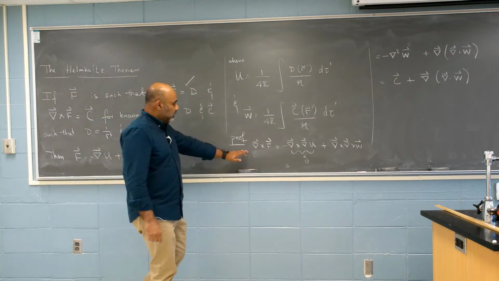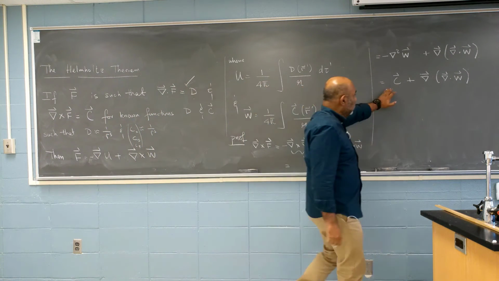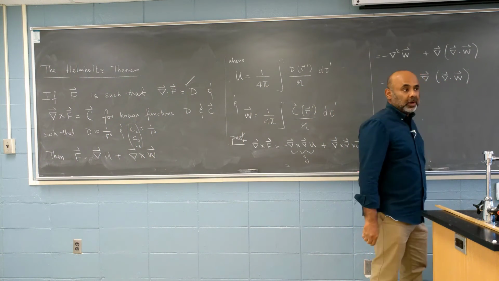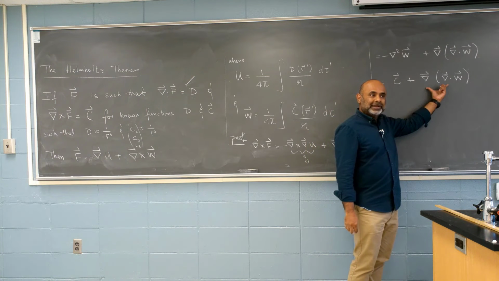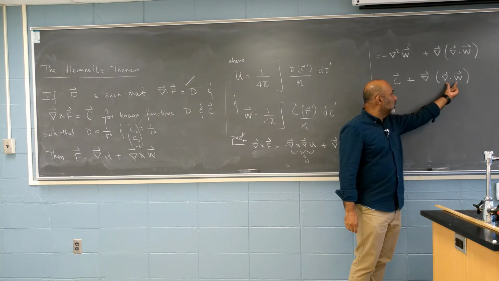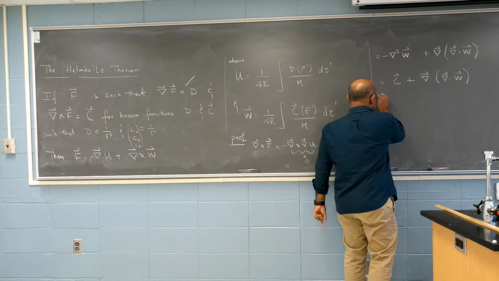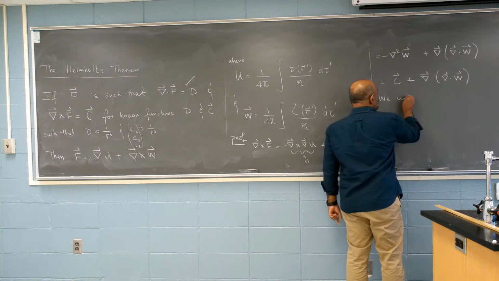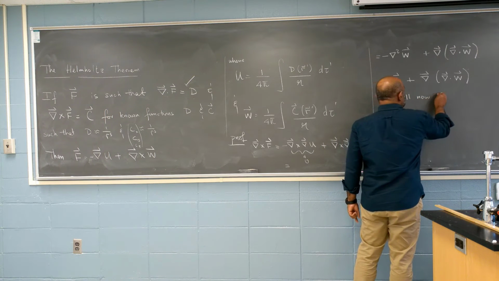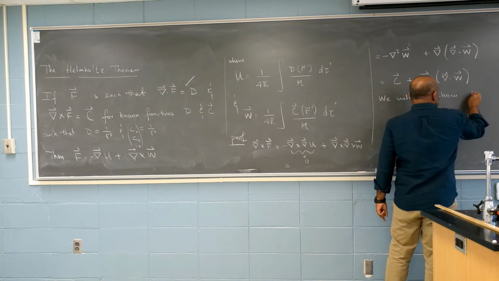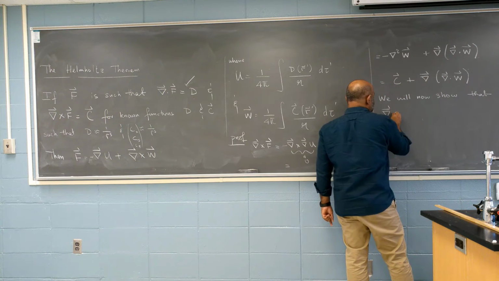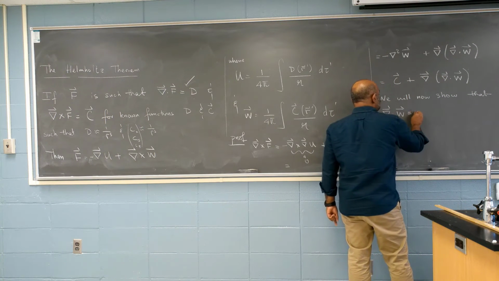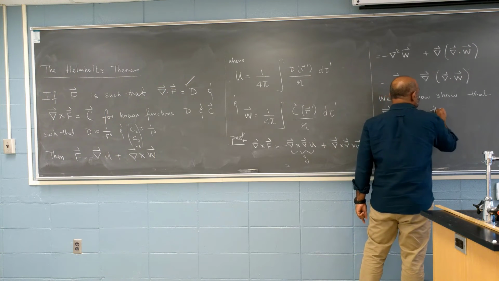We have shown that del cross f equals c plus stuff. So what I need to do is to show you that this goes to 0. We will now show that divergence of w equal to 0, thereby completing the proof.